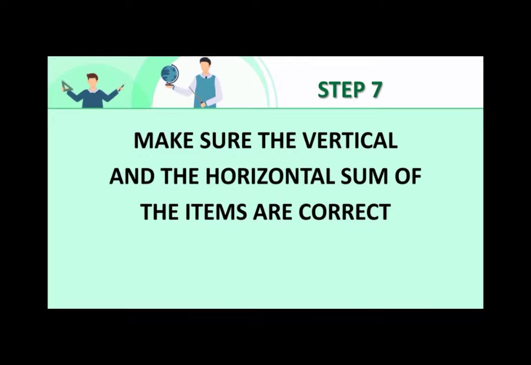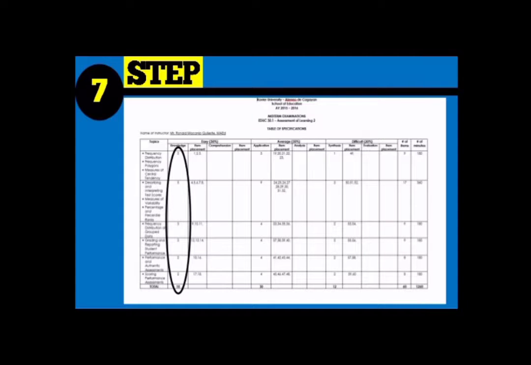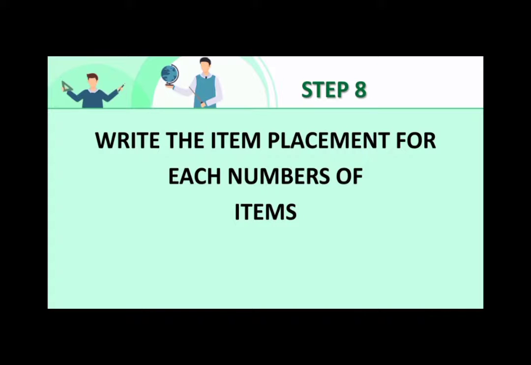Step 7. Make sure the vertical and the horizontal sum of the items are correct. Step 8. Write the item placement for each number of items.